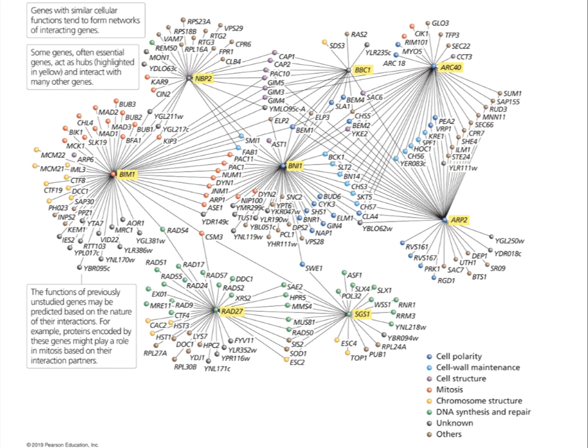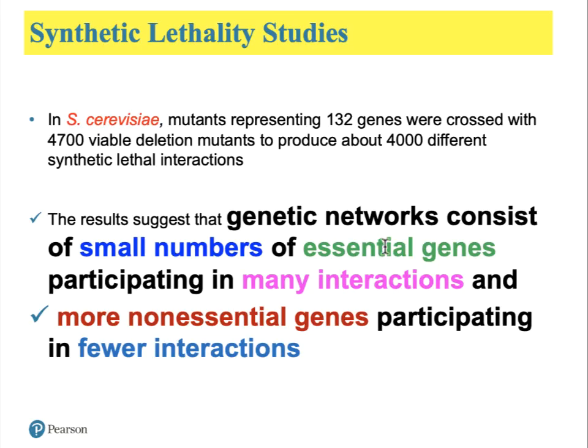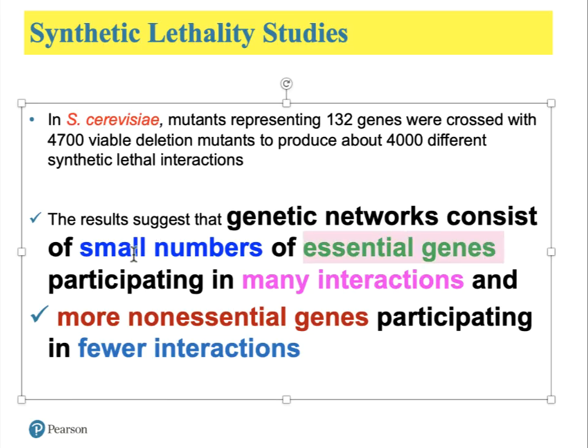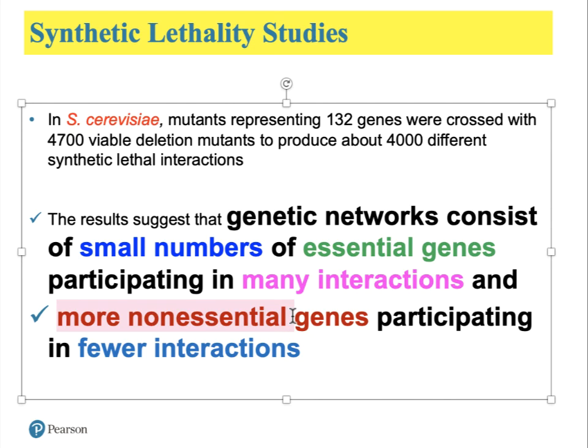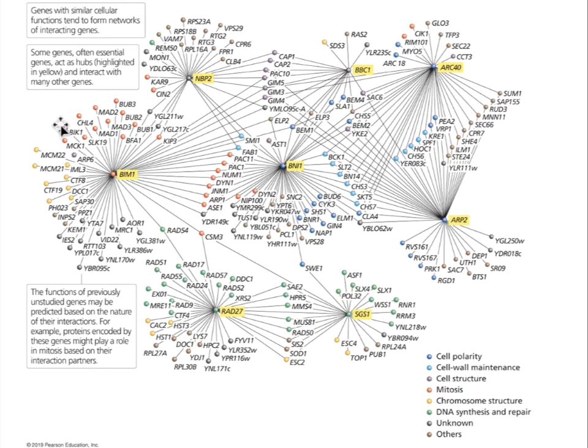Looks like something the CIA would develop on terrorist networks, but the same technology is used here. So the genes labeled with a yellow background are the essential genes that are involved in many interactions. You can see 1, 2, 3, 4, 5, 6, 7, 8. And the others are the non-essential genes that participate in a 1 or 2 reaction profile.